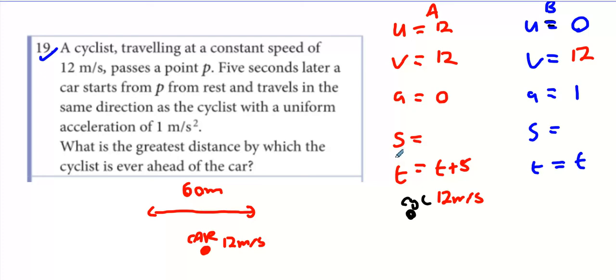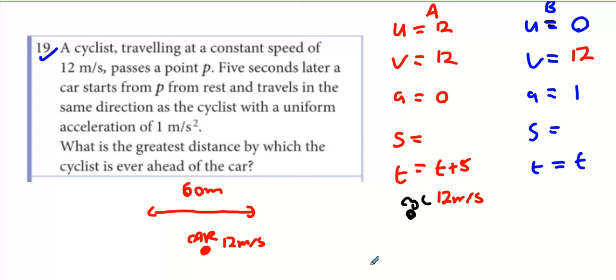Now, all that we need to do is make the v's equal each other. So v equals u plus at.